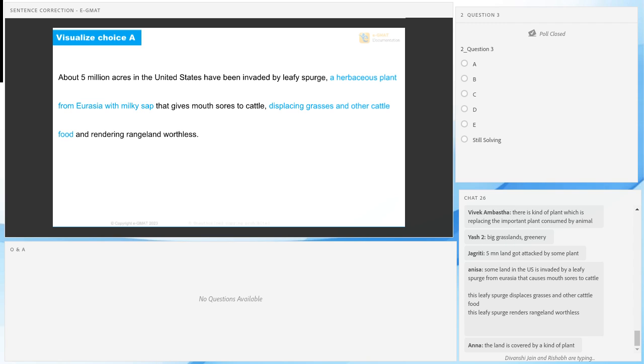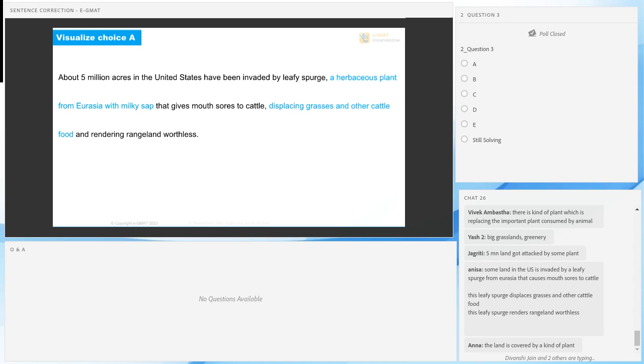Invasion part also has to be taken into account. So, Anna, you're right. The land is covered by a kind of plant, but again, invasion has not been captured. Jagriti has captured that appropriately wherein she said 5 million land got attacked by some plant. And again, you don't have to be grammatically correct here. They've translated invaded to attack, and that's the right thing to do. So you have to get the essence out.